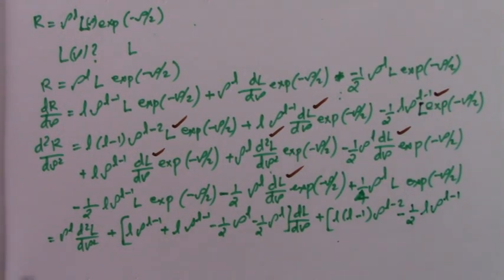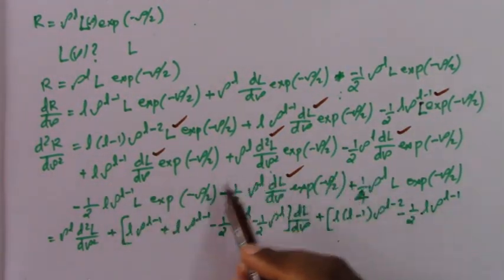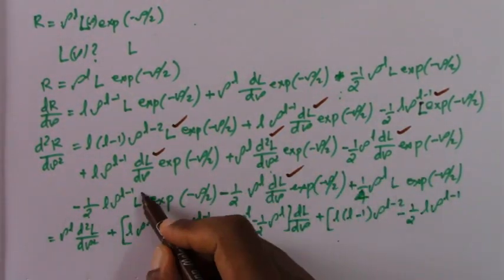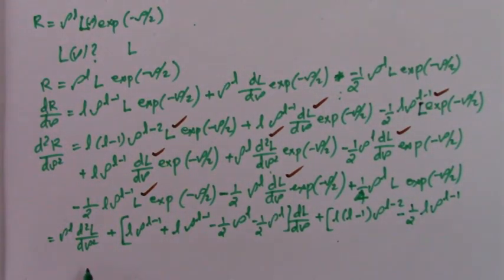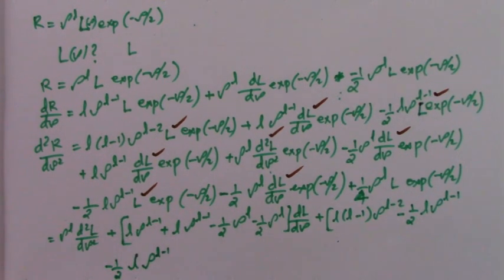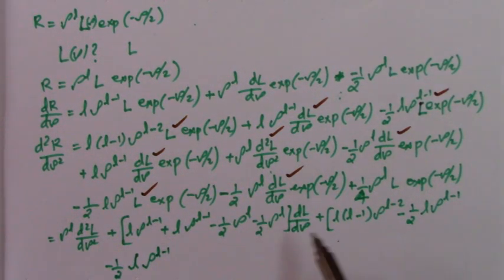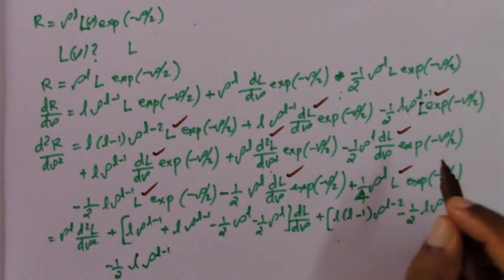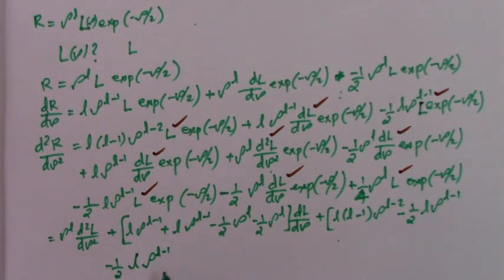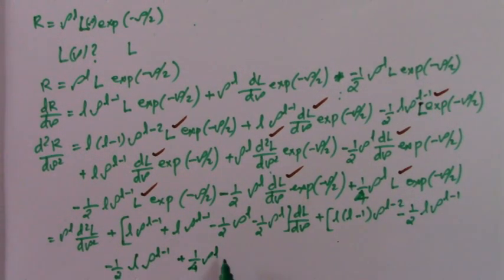And the next L term is here, that is minus half L rho raised to L minus 1, and the next L term is here, plus 1 by 4 rho raised to L, that is that L term.